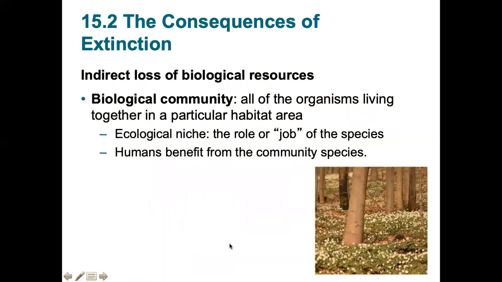So indirect loss is within the community. I keep saying it, it's a delicate balance, and all of the organisms that have co-evolved together have this balance, and they have this place in the ecosystem. It's called the ecological niche. And we benefit from the plants and animals around us. And so if we lose those resources, say you fog for mosquitoes in your yard, and now the bats suffer because they don't have anything to eat.